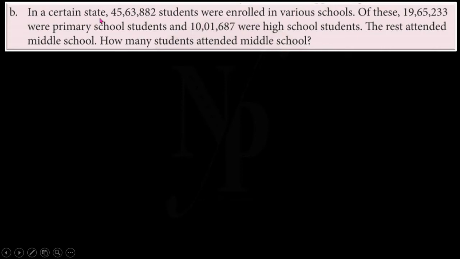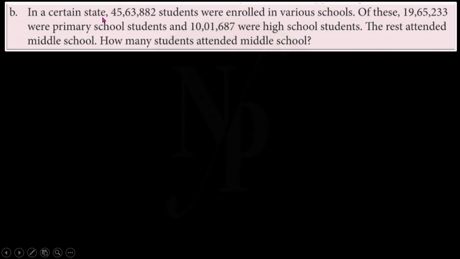In any state, the name is not mentioned here. You can take whichever state. It's an example. So in a certain state, 45,63,882 students were enrolled in various schools. So this is the number of students enrolled or admitted in various schools.